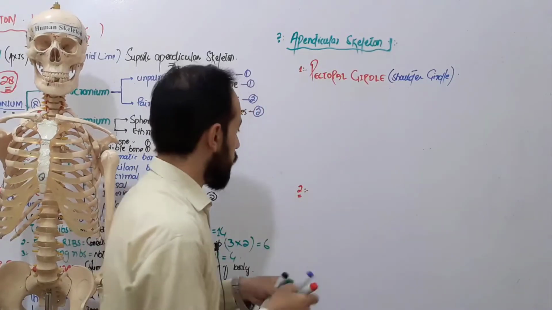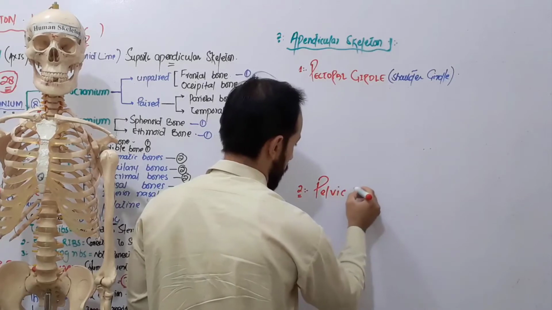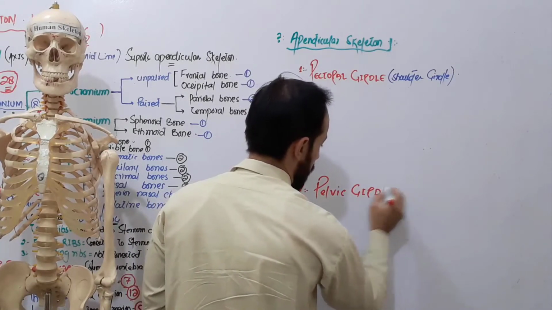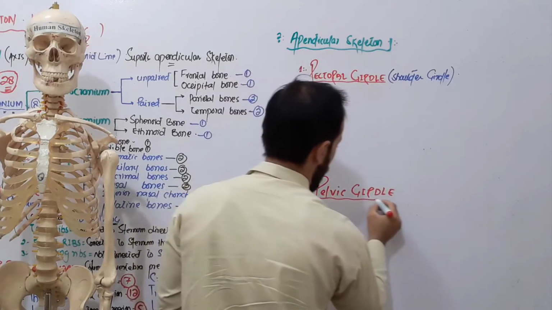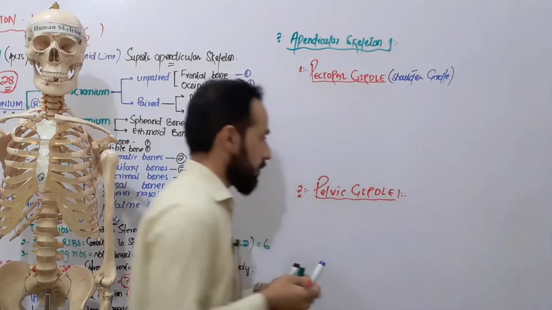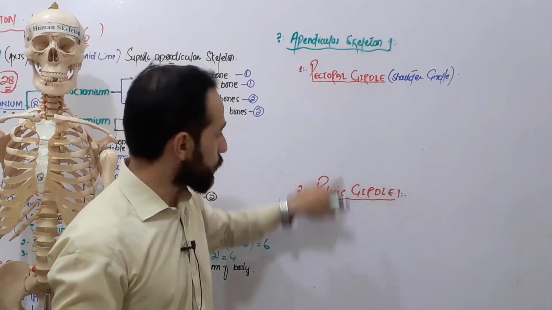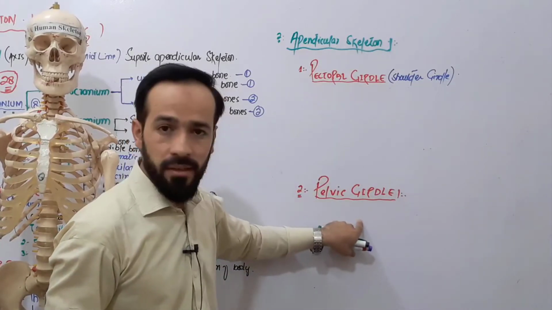And then there is your pelvic girdle. We will discuss the bones which are present there. And one thing more which is very important, look carefully. Your appendicular skeleton is divided into two major parts, the pectoral girdle and the pelvic girdle.